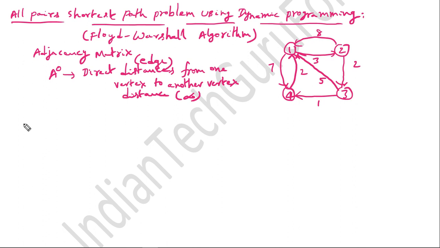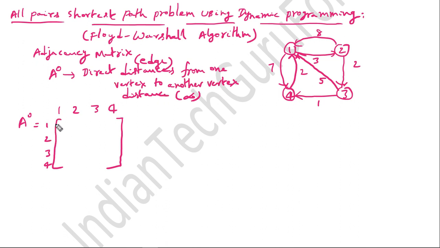So now let us derive the adjacency matrix A power 0. The adjacency matrix is represented by rows and columns, and because here there are 4 vertices, it contains 4 columns and 4 rows. Now let us fill this A power 0 matrix. It calculates the direct distances from one vertex to another vertex.